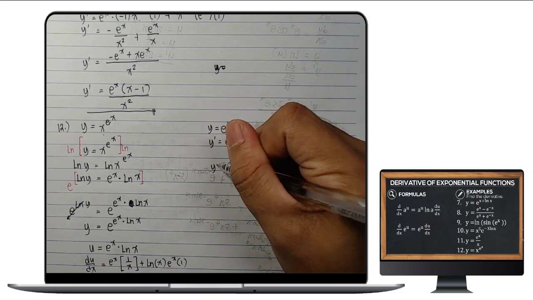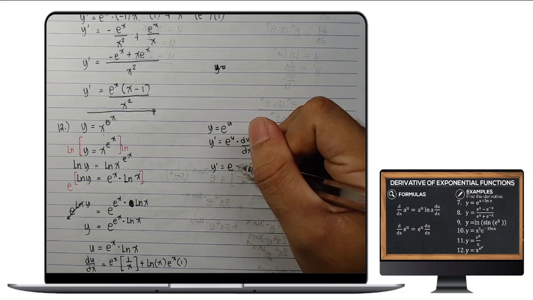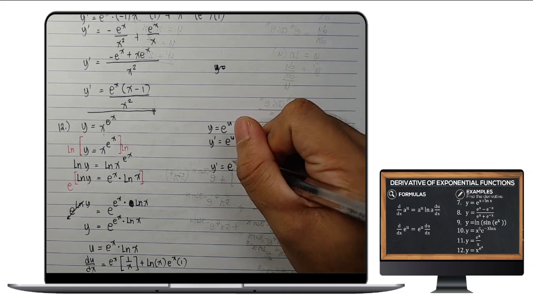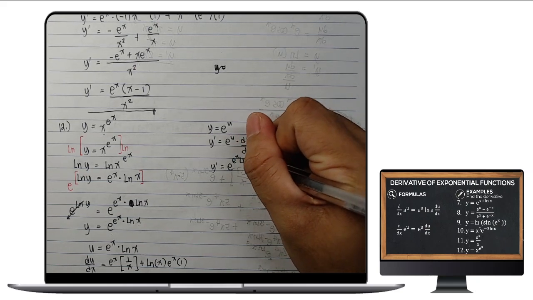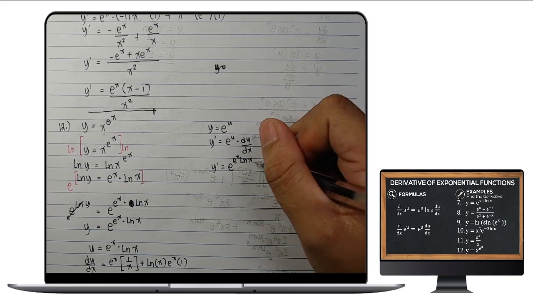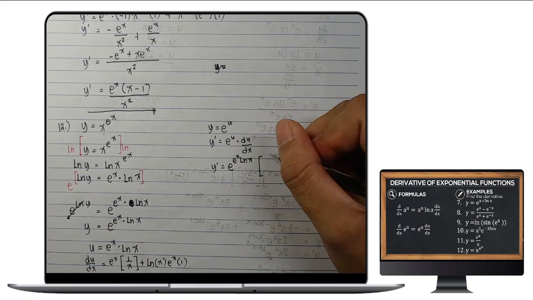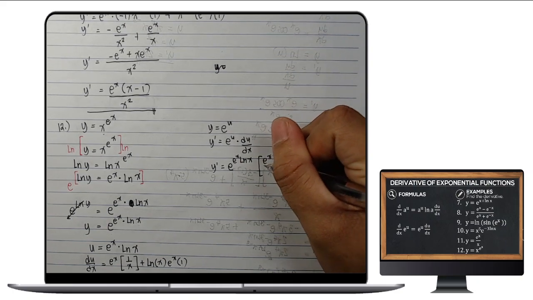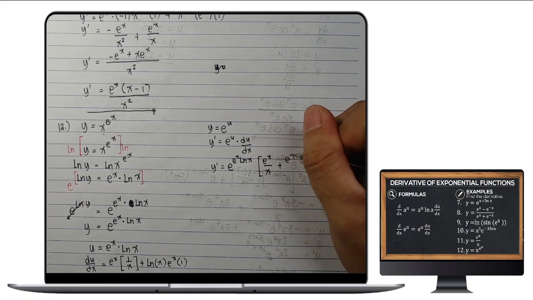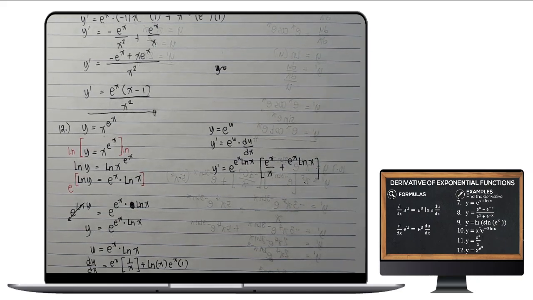Substituting, our y prime becomes e raised to u. So that is e raised to x multiplied by ln of x multiplied by du over dx. So du over dx natin, that is e raised to x over x plus e raised to x ln of x. So this is our answer.